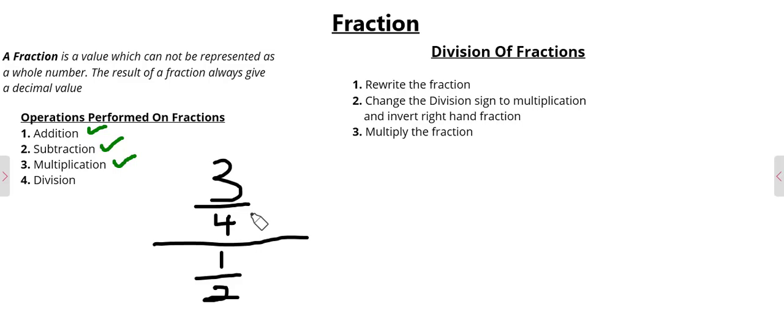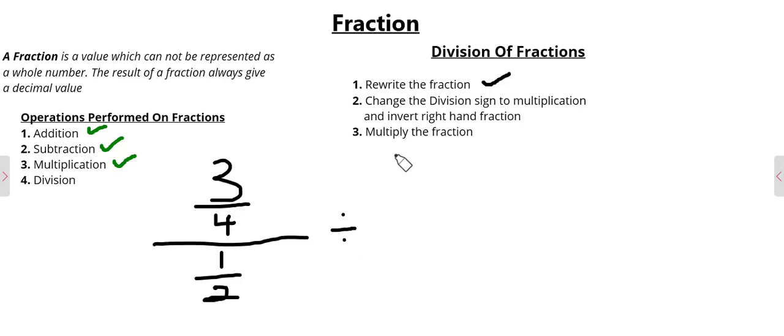Now the first thing says we should rewrite the fraction, correct? So we want to rewrite this fraction without this division line. Remember, this division line also stands for what? Division, like this, correct? So we are going to rewrite this fraction now.